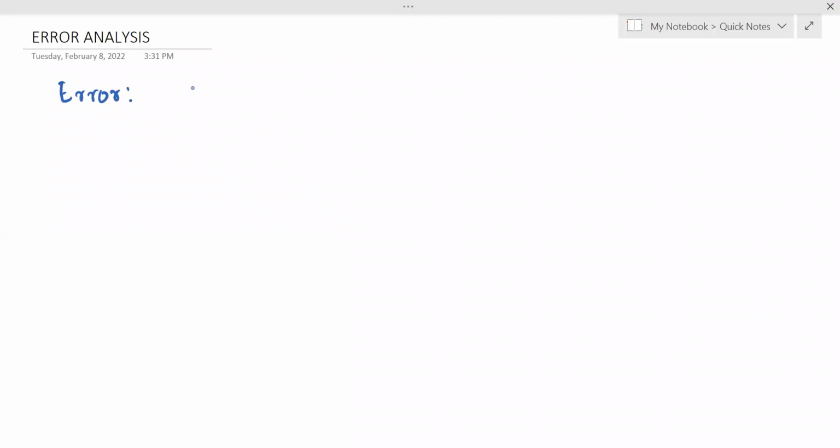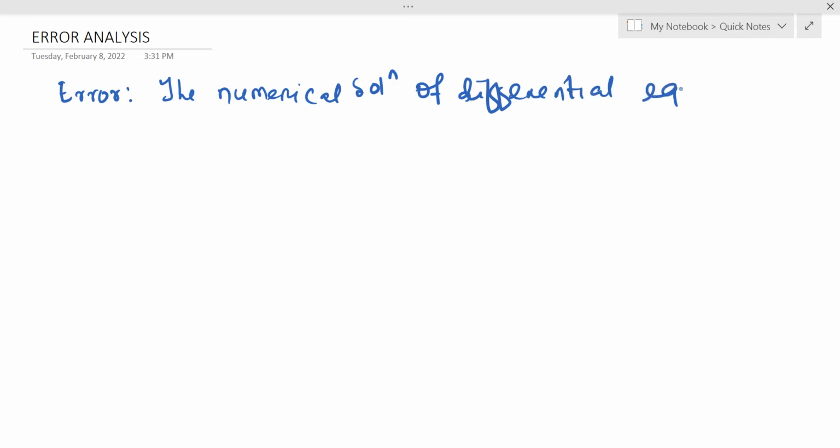The numerical solution of differential equations suddenly differs from their exact solution.